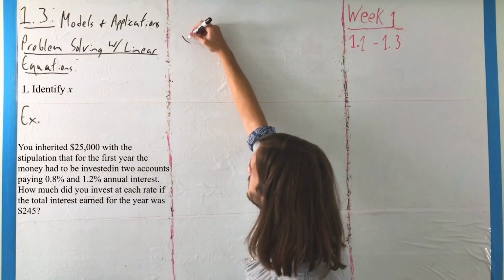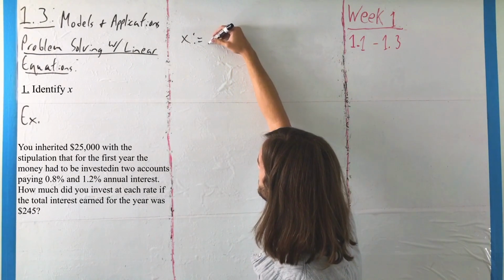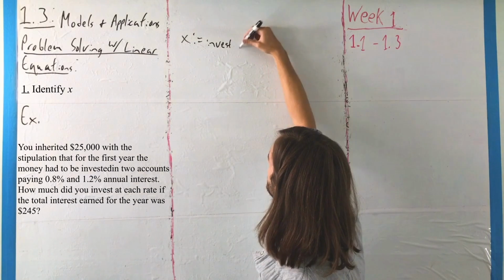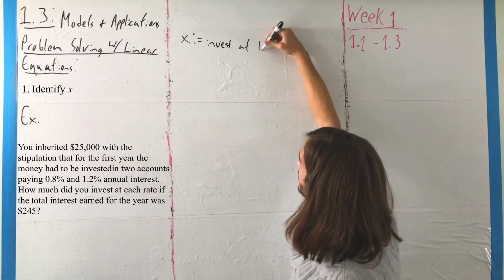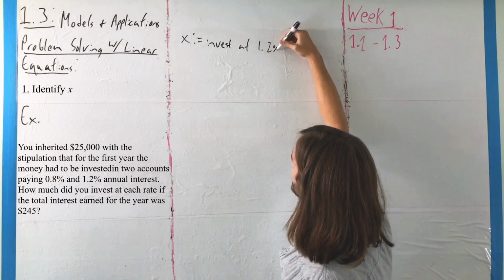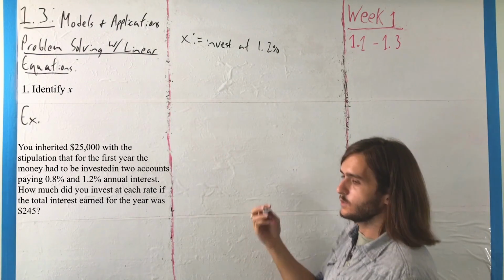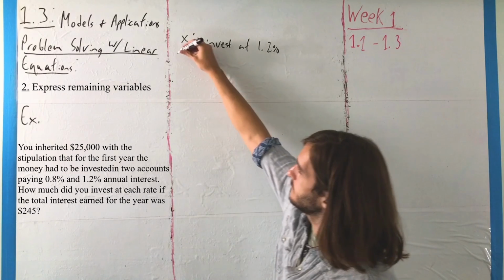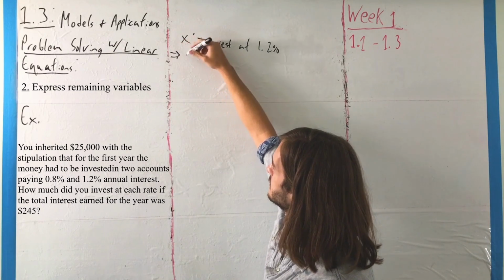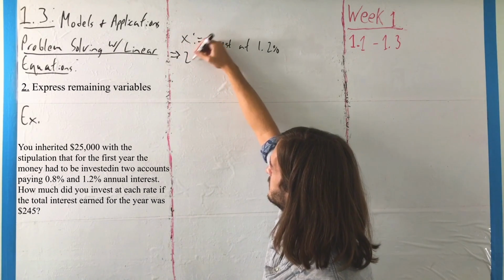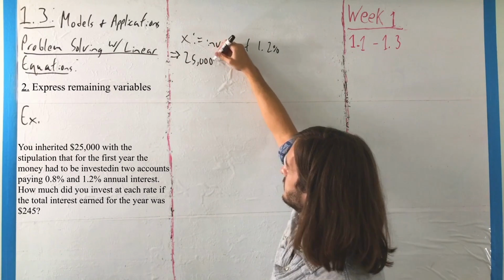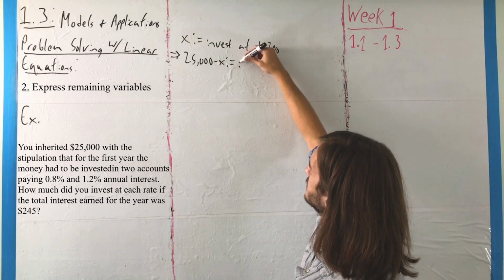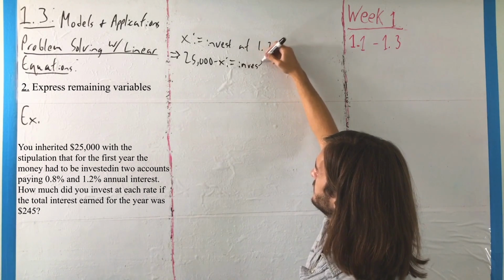So x is the amount invested at 1.2% for entirely arbitrary reasons, which means that the amount invested at 0.8% would be 25,000, the total, minus x.